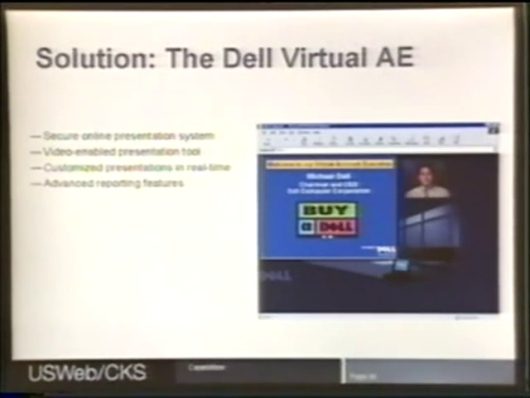Any consumer that had an internet connection and a web browser, while talking on the phone with a Dell telemarketing representative, would be given this URL or internet site to go to, and while the Dell telemarketing executive was describing a particular system, that executive could actually queue up a video that would demonstrate that system to the consumer. So you could actually look at it.